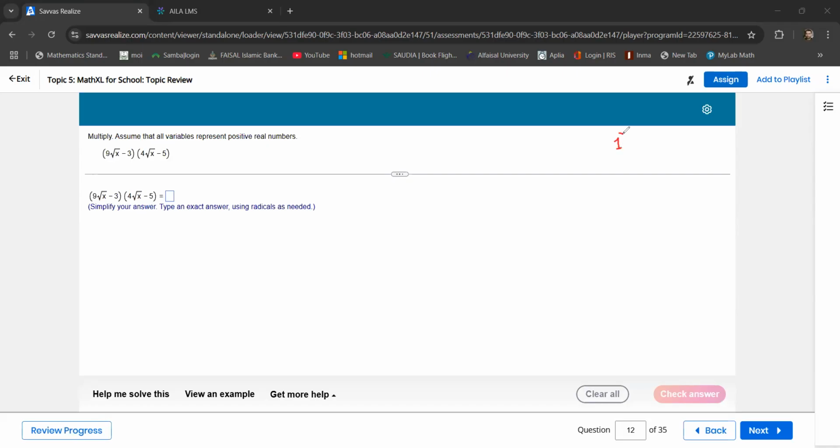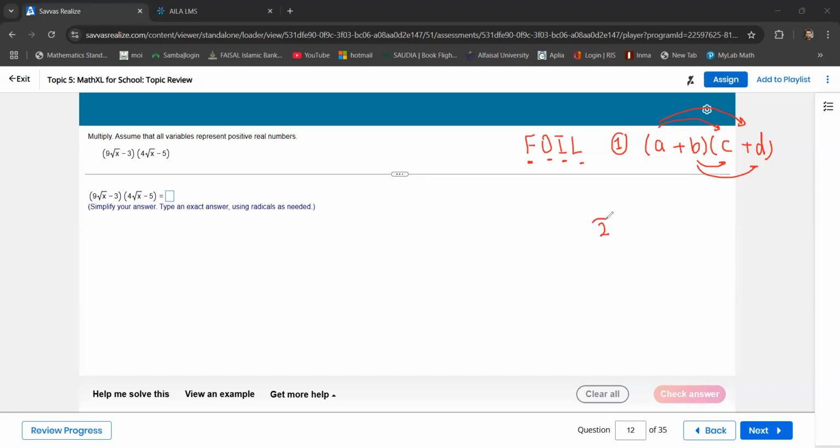We have the first case when we need to multiply a plus b times totally different parentheses like c plus d, for example, or minus, whatever. For this one, we follow the FOIL method. We call it FOIL because we need to multiply the first by the first for the F, and O for the outer means a times d, and I for the inner means b times c, then L for the last, which is b times d. This is the first type of multiplication.